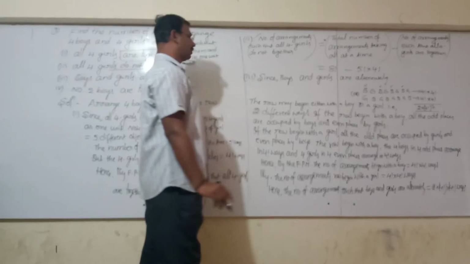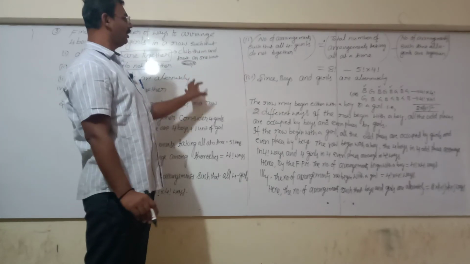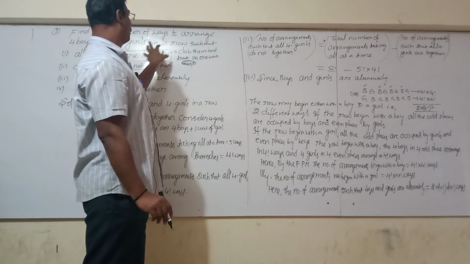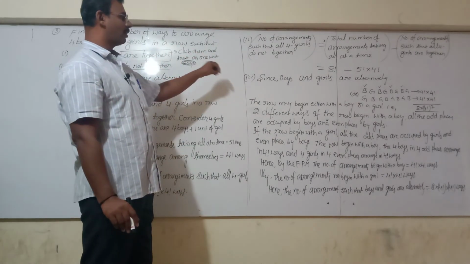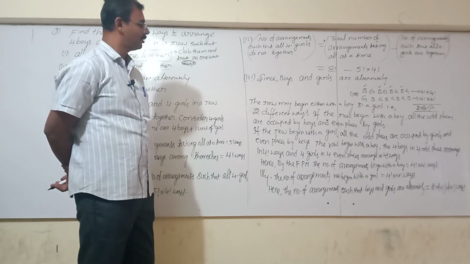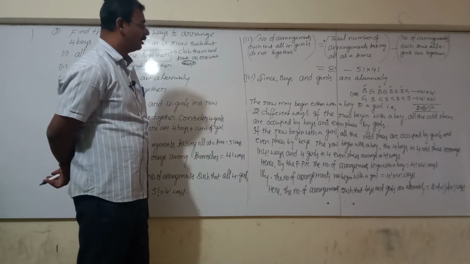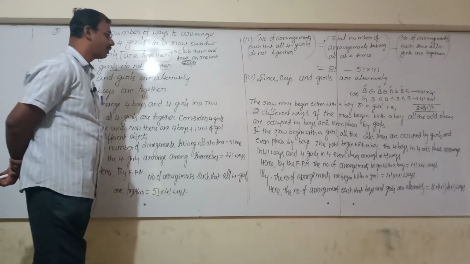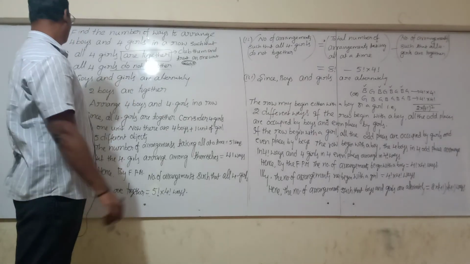So like this we have to explain also. This depends on the number only. If the row begins with a boy, the number of arrangements is 4 factorial into 4 factorial ways. If the row begins with a girl, the number of arrangements is 4 factorial into 4 factorial ways.